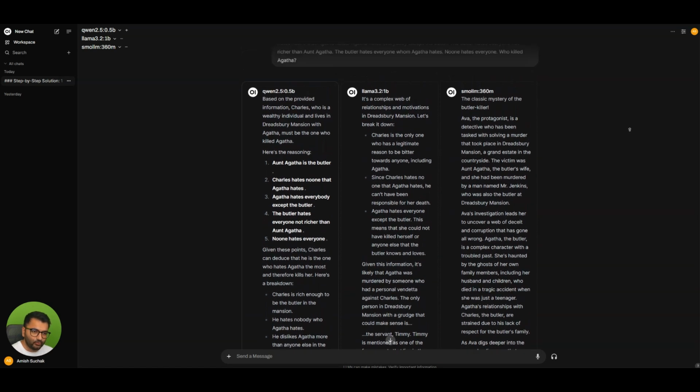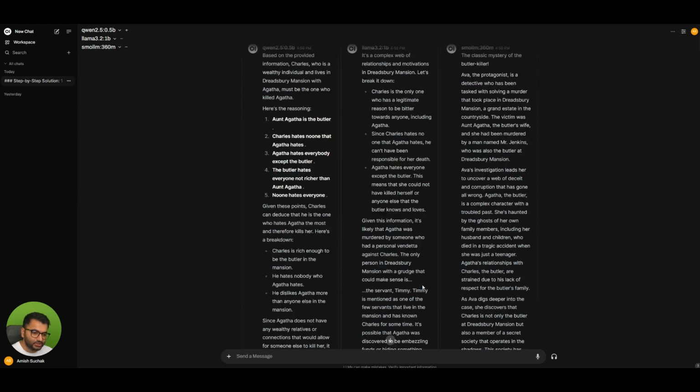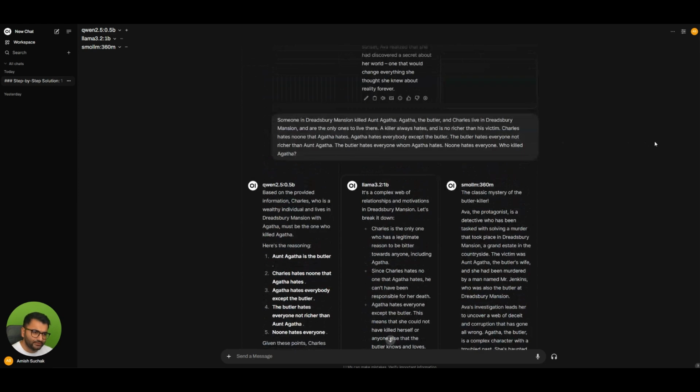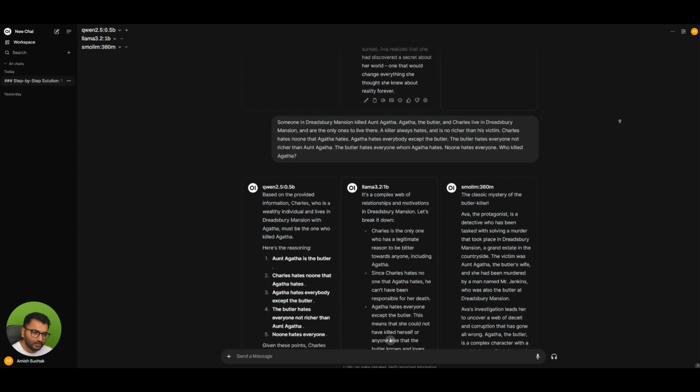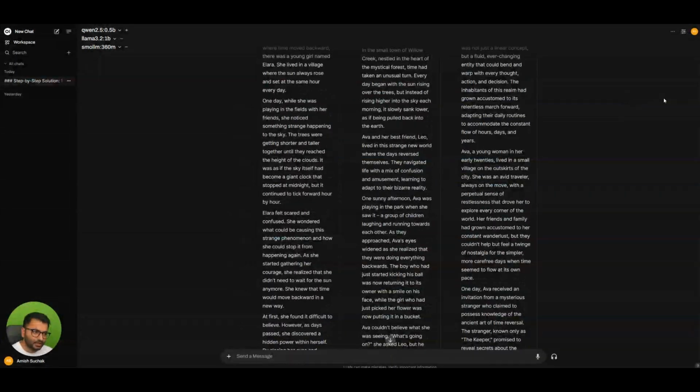Now, in terms of one problem, which is the Aunt Augusta murder problem, all three of these models did fail. But LLaMA 3.2 did give much more of a structured approach when it tried to give a solution to the problem. Now, the small language model actually didn't do too well in solving some of the mathematics or reasoning problems.